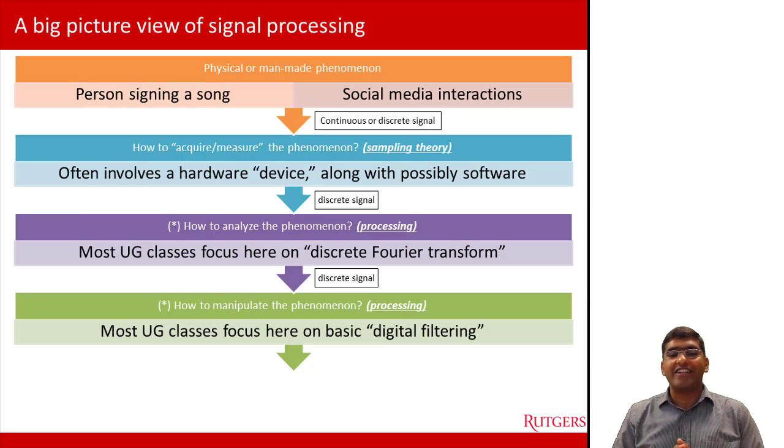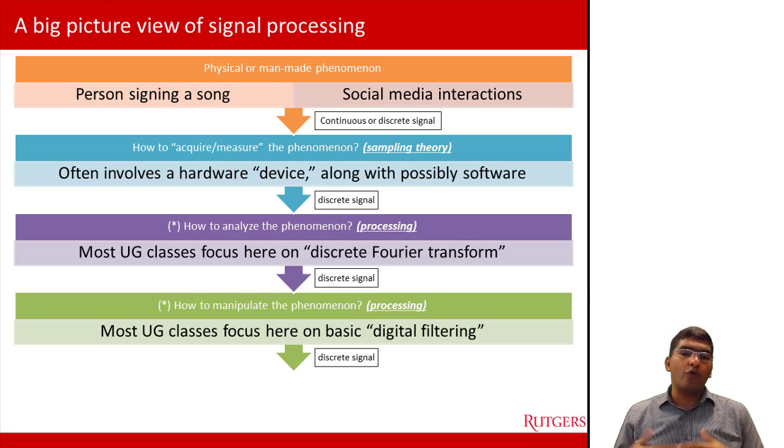So the question you can ask at this point is, how do you manipulate the phenomenon that you are given in terms of a discrete signal? Now, again, there are many ways of doing that, but at the undergraduate level, the focus is on what's called digital filtering, basic filtering techniques that you learn. At the graduate school level, you learn further adaptive filtering techniques and more advanced things. The output of this step would again be a discrete signal.